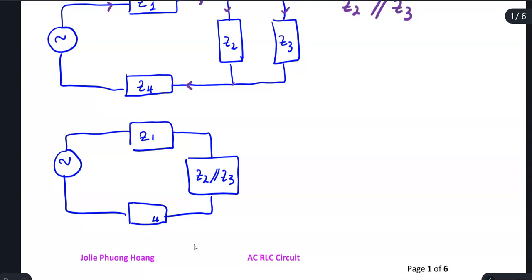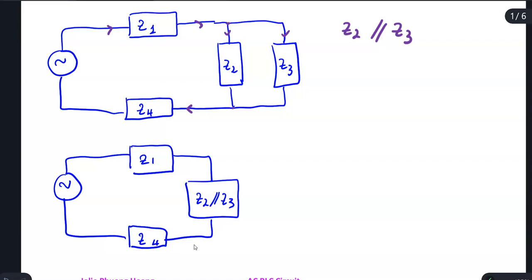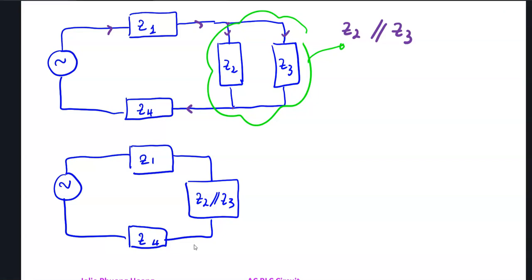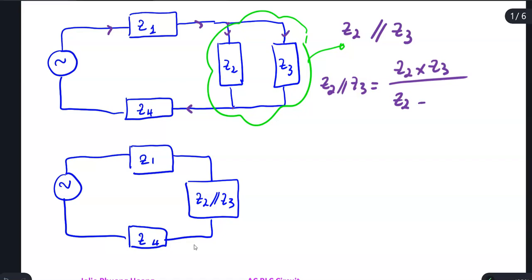Let me rewrite the Z. Now you see that this part will be Z2 parallel to Z3. How do we find Z2 parallel to Z3? We are going to use a formula called product over sum. The Z2 parallel to Z3 is calculated by Z2 times Z3 divided by Z2 plus Z3. This is the product over sum formula.